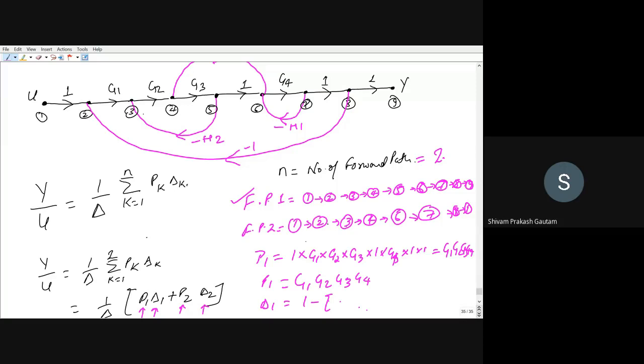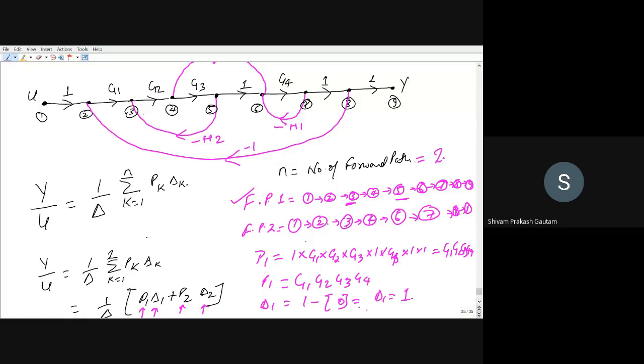Are you getting my point? If you consider a loop from node 3 going to node 5, and from node 5 again going to node 3, it is touching nodes 3 and 5, which are present in our forward path. So here it will be 0. So del 1 will be equal to simply 1.